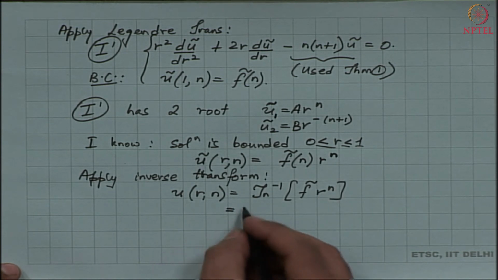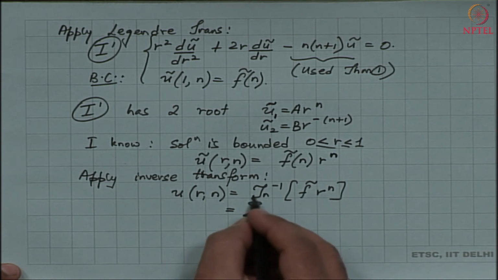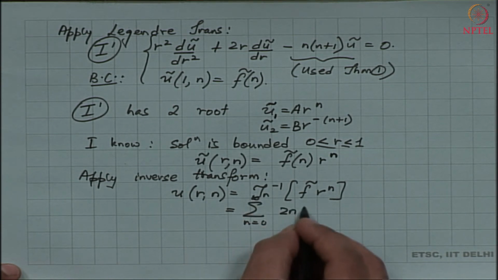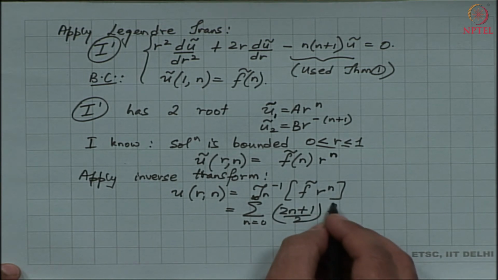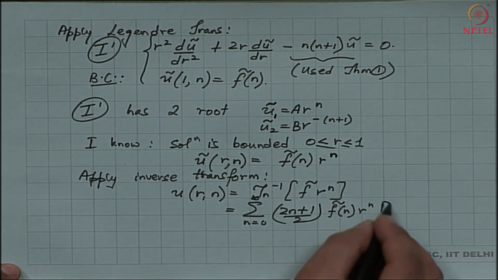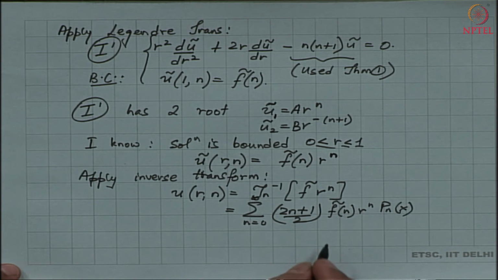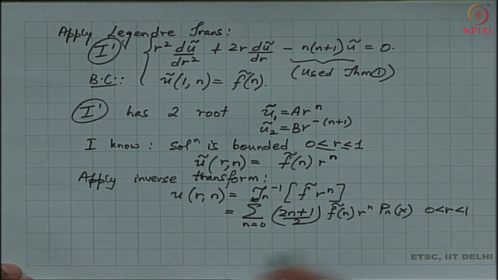That can be written as the following summation: the sum over n from 0 to infinity of (2n+1)/2 times f̃(n) times r to the power n times P_n(x). Here r is from 0 to 1.